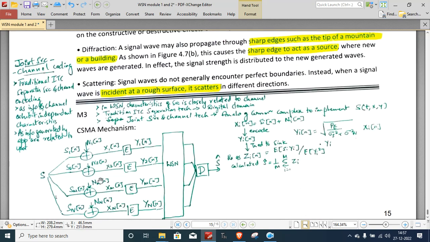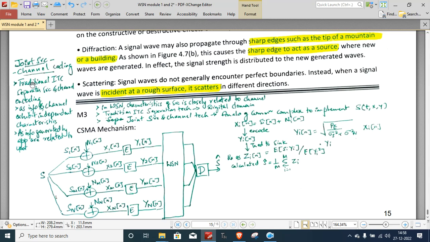And then we have one more important topic called joint source channel encoding. In joint source channel encoding, both source and channel are grouped together. We are trying to make a joint out of it, and then we code it.